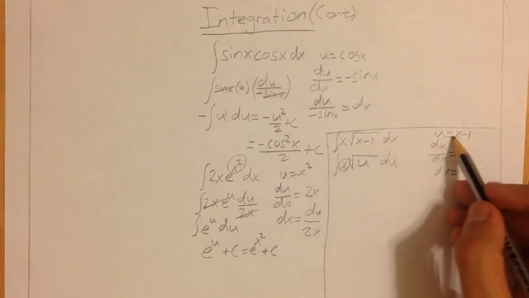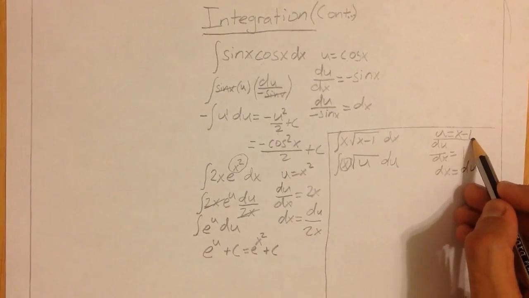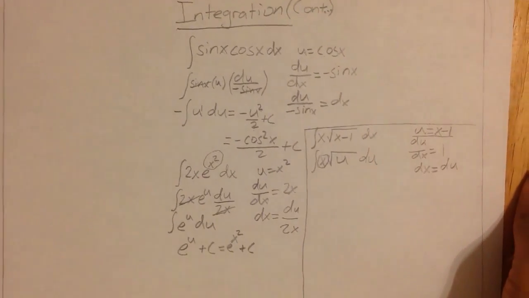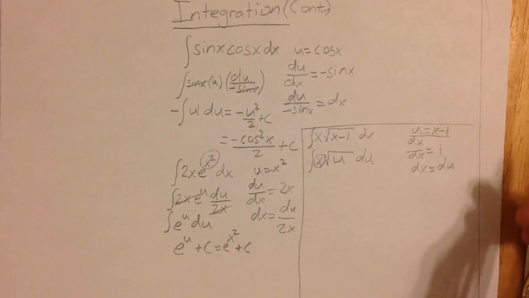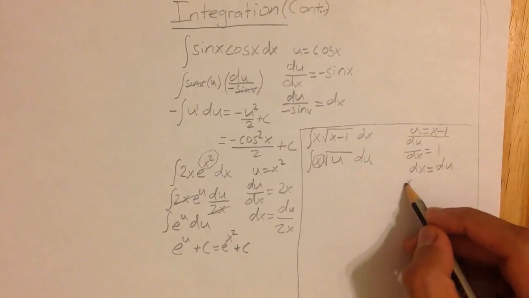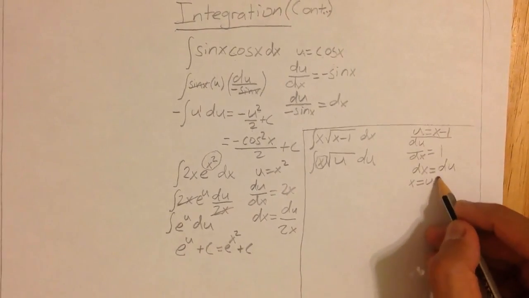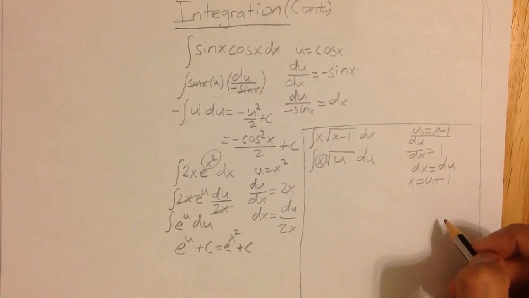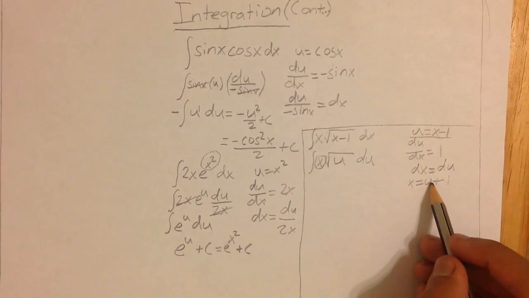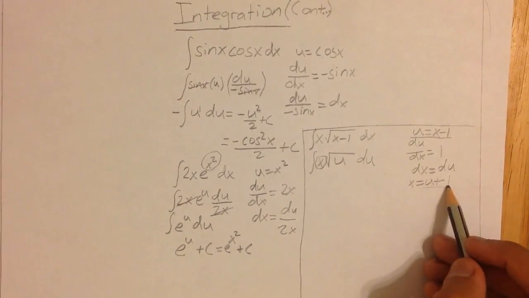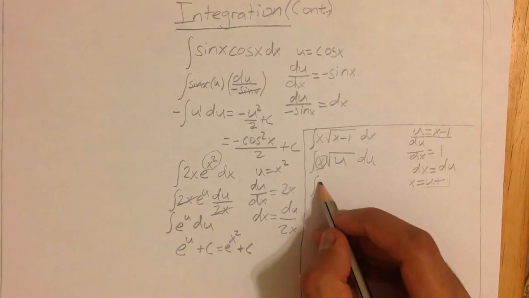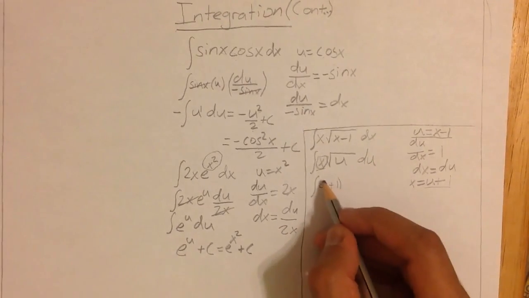Well, if we go back to this first equation here, which you can't see, we can see that we can solve this for x as x equals u plus 1. Then you can plug in u plus 1 for your x over here. And what that does is it gets everything in terms of u.